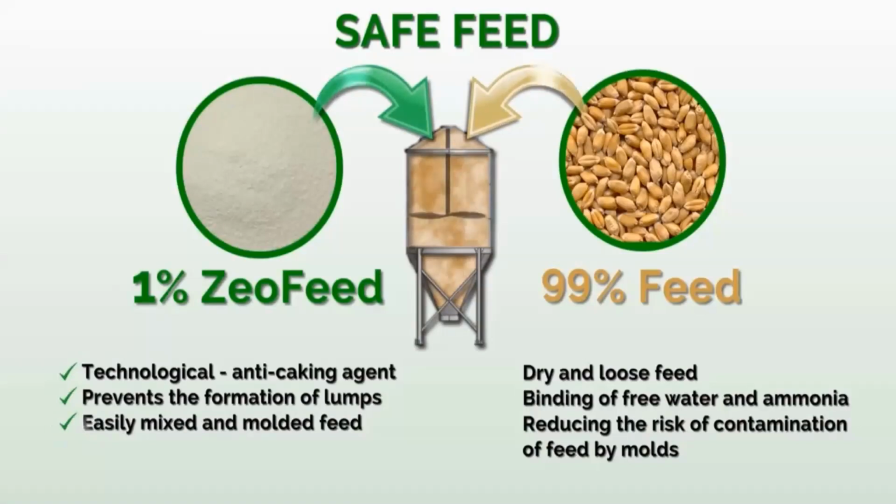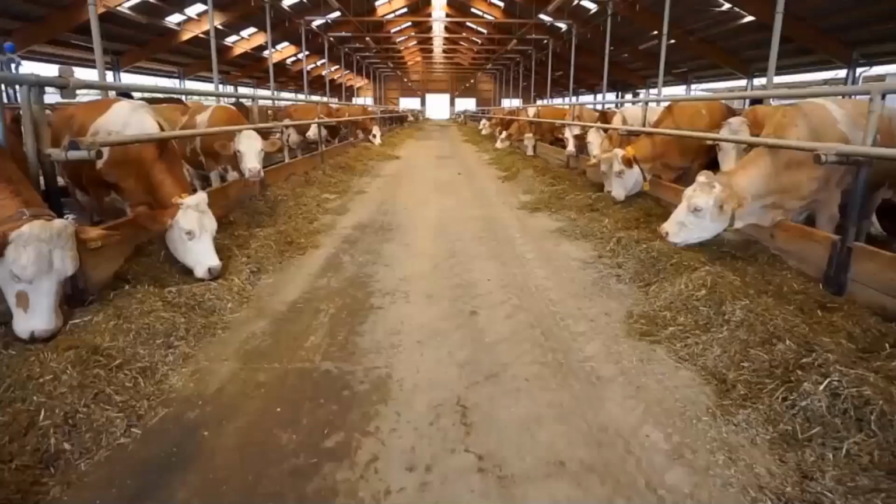It reduces the adhesion of individual particles in the feed and prevents the formation of lumps. After adding Zeofeed, the feed is easier to mix and mold and is dry and loose. It also binds free water, ammonia, and reduces the risk of contamination of the feed by molds.